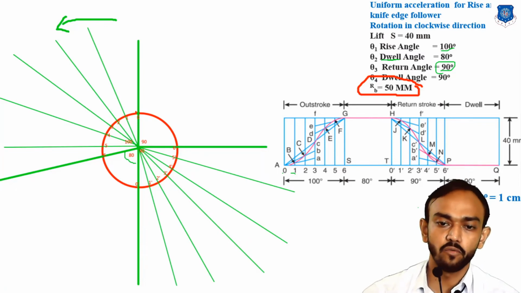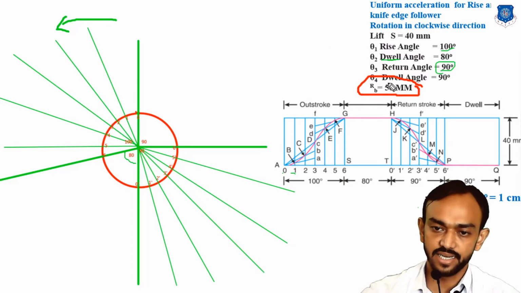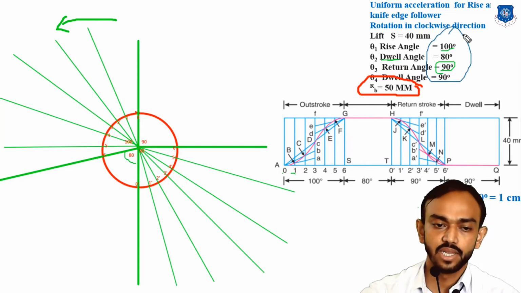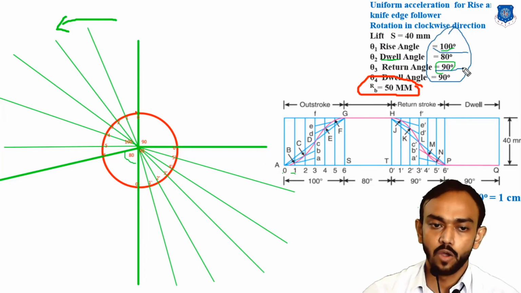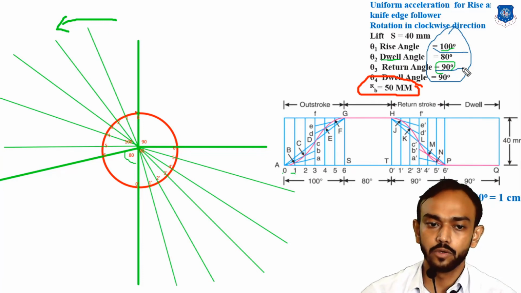So up to this point, what we have done: made the circle of the size of the base radius, divided this circle as per these 4 angles, and in those 4 parts, the rise and return portions are divided by 6. Okay, now you can check these positions here.